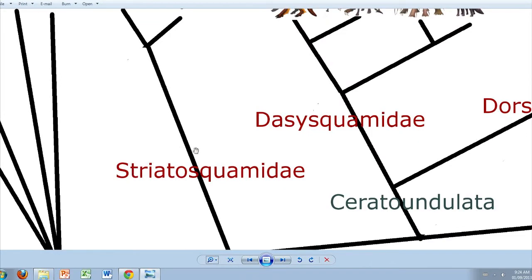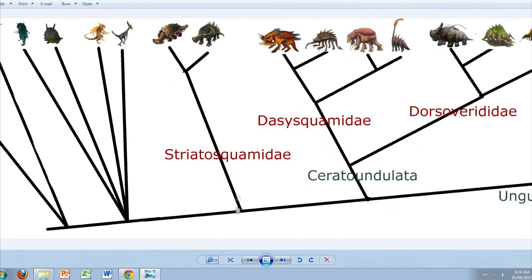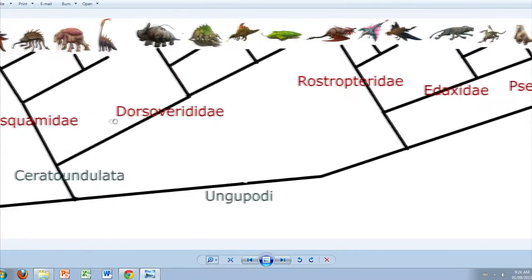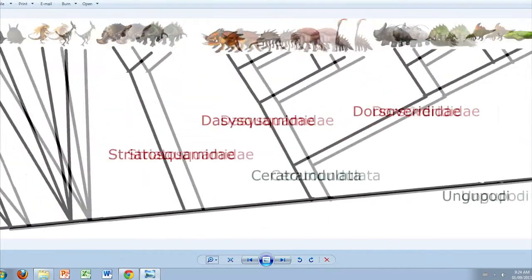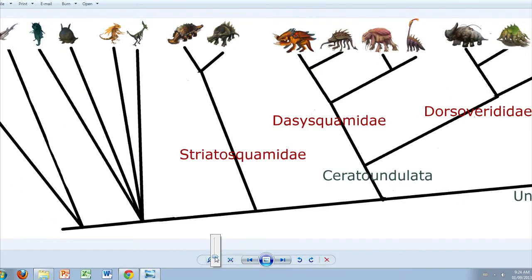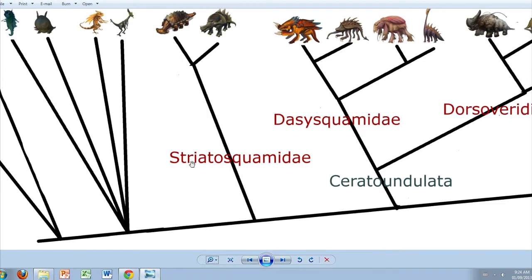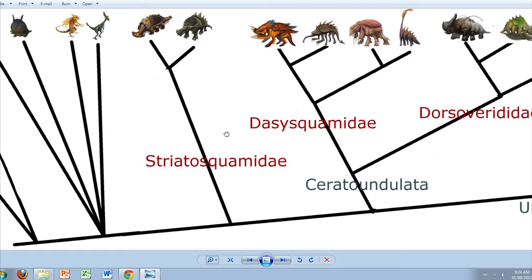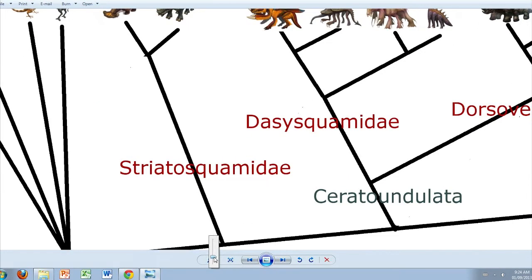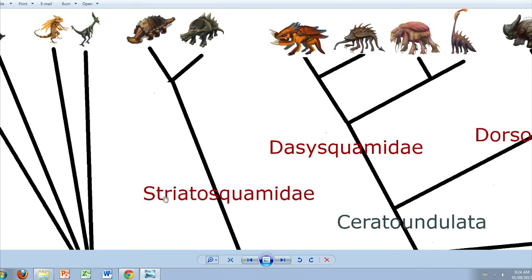And the names that I've given here in red, I've sort of arbitrarily given at the family level. This group I've called the Stratiosquamidae, where stratio means stratified or with furrows, and squamid means scales. So it's the family that contains furrowed scales, which I think is relatively intuitive.